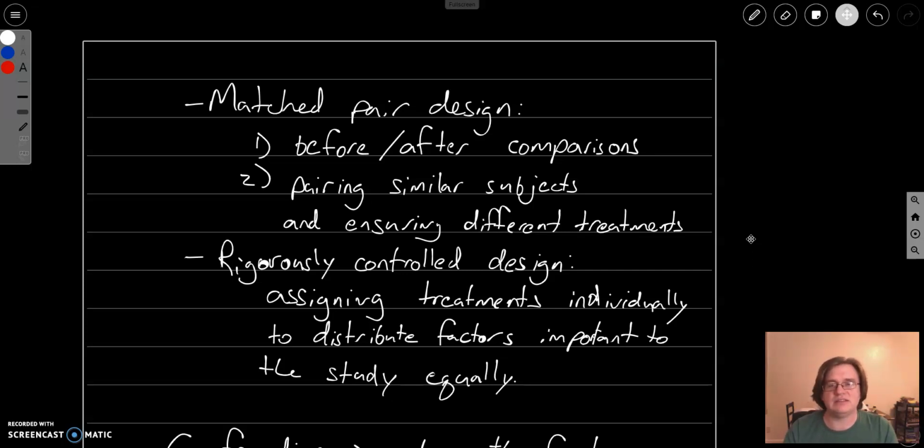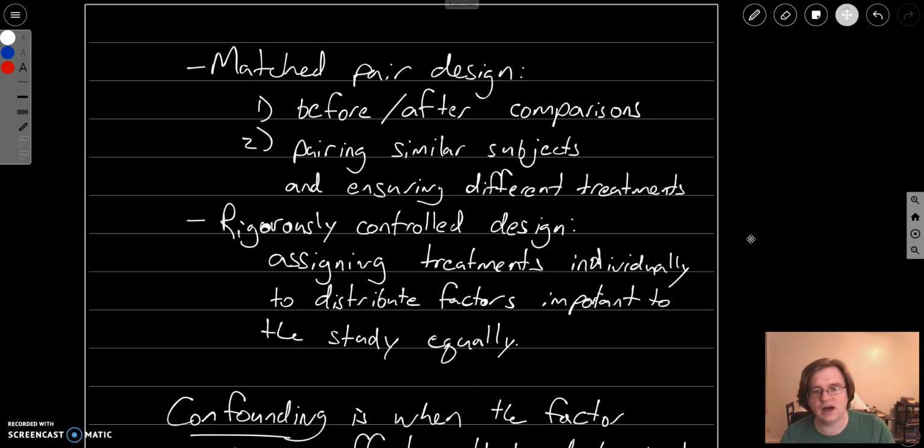By pairing these similar people and putting one in the treatment group and one in the placebo group, any factor that might affect our results is being mitigated by having similar people in both the treatment and non-treatment groups.